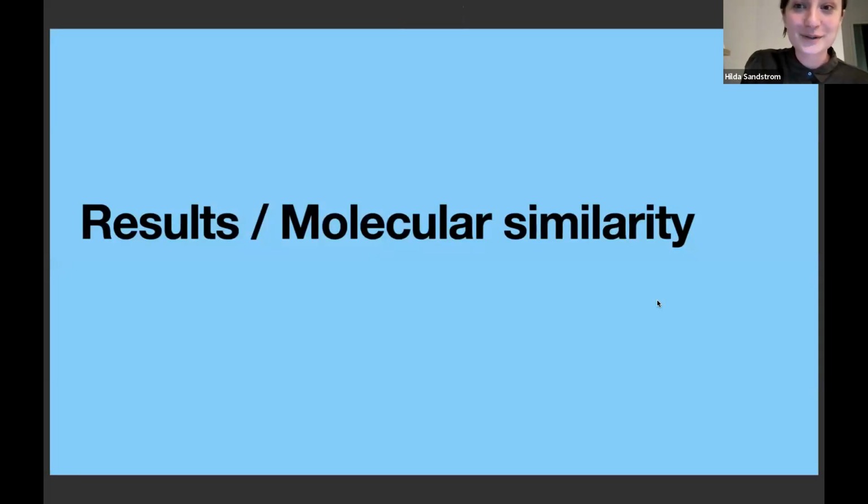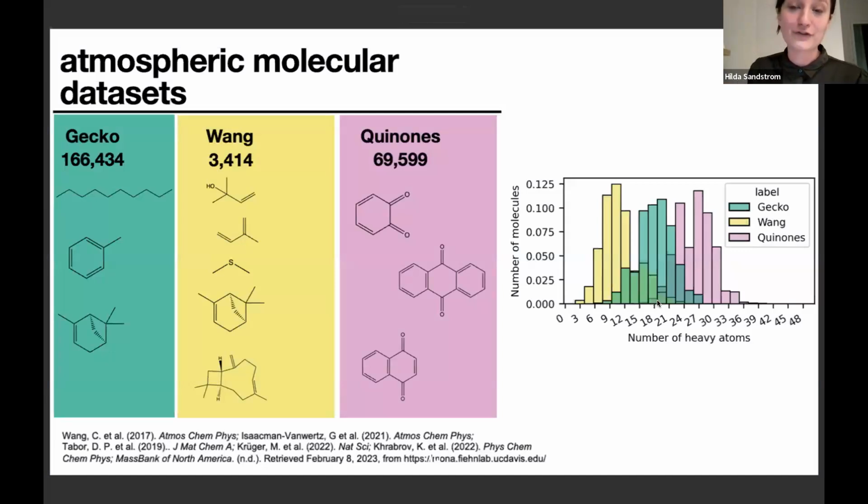So I will share with you today our work in comparing these molecular data sets. I collected 3 different molecular data sets from atmospheric chemistry. These were all curated computationally. I refer to them as the Gecko, Wang, and Kenone dataset.